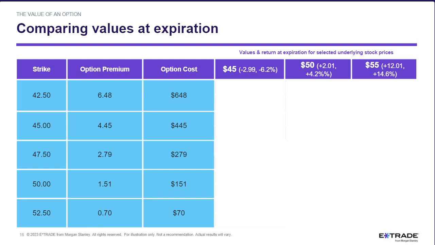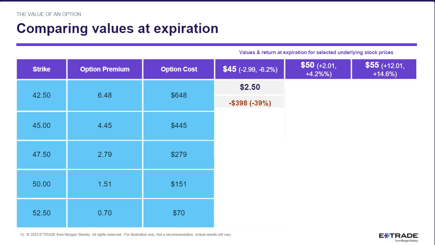If at expiration the stock is 45, meaning it fell a little bit. Remember, it was 47.98, 47.99. So the stock is down 6%, closes at 45. What's our option worth? Well, it's the right to buy the stock at 42.50. The stock is 45, so therefore it's worth $250. We paid $648, so we're down about $400. It's not a total loss. It has value.